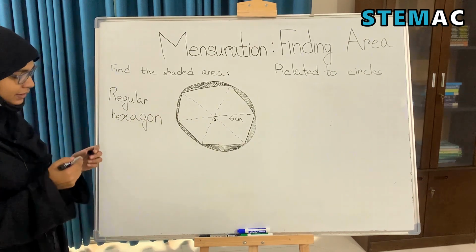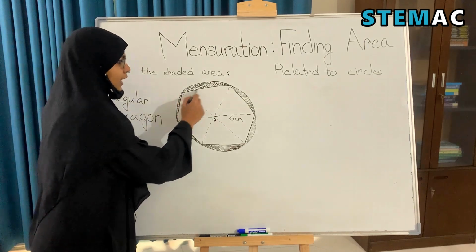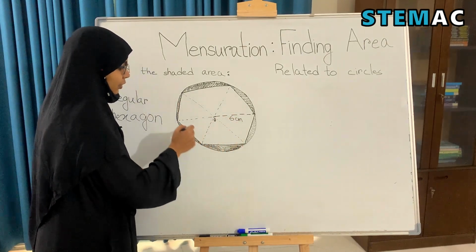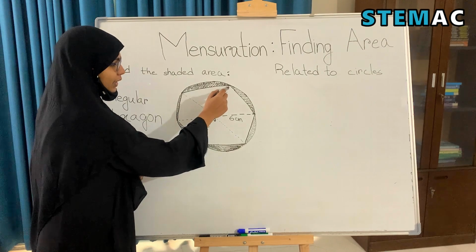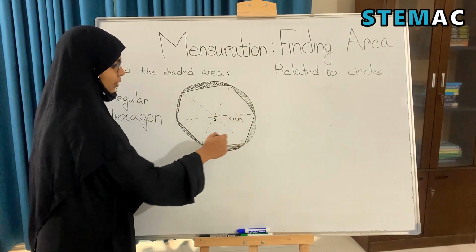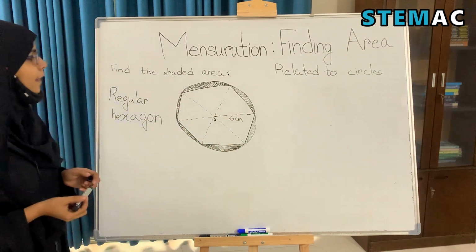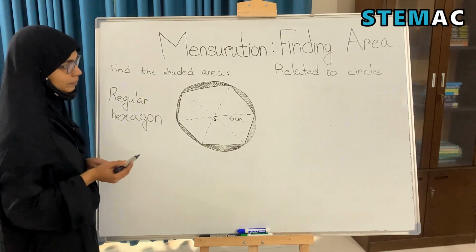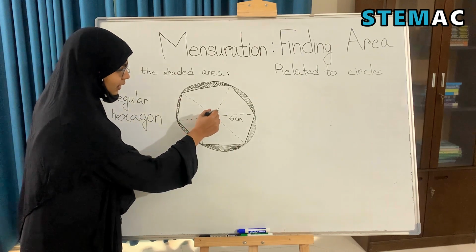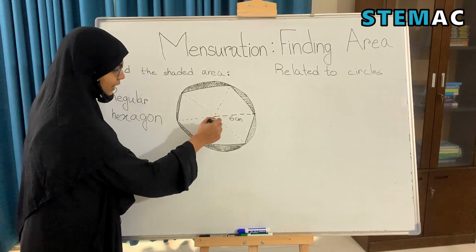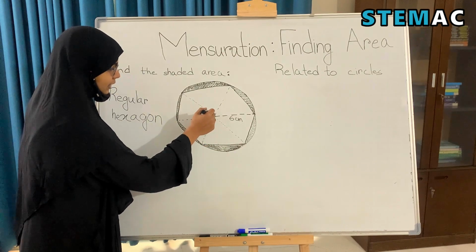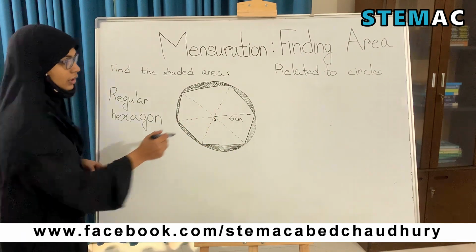By regular hexagon I mean the 6 sides of the hexagon are of equal length, these 6 sides. So that means this angle, this angle, this angle, this angle, this angle, this angle would be equal.